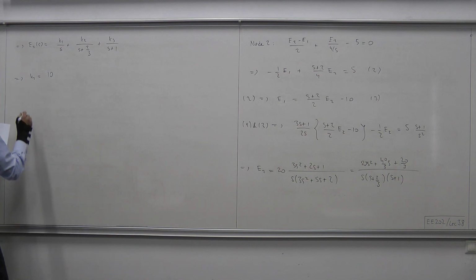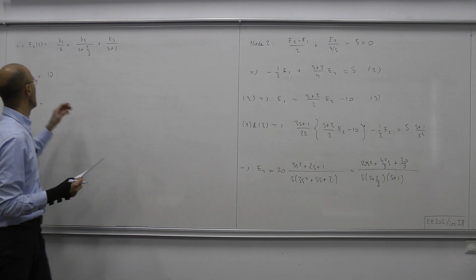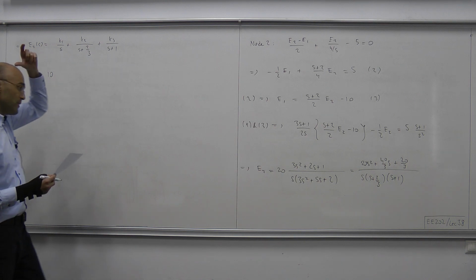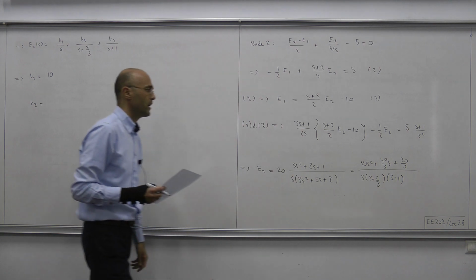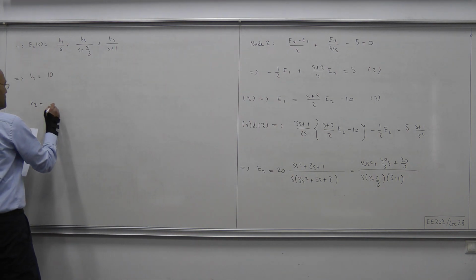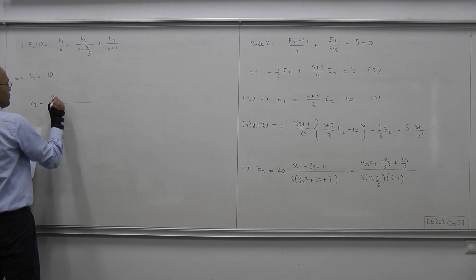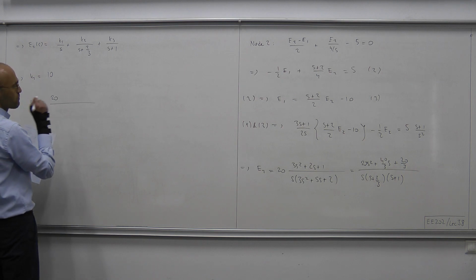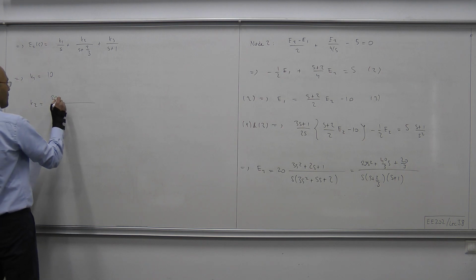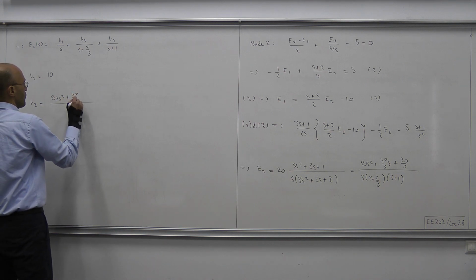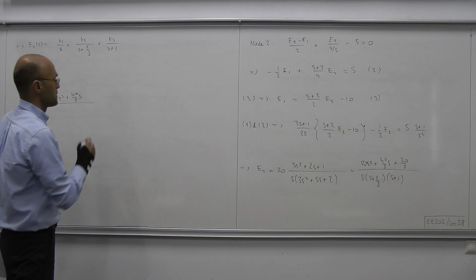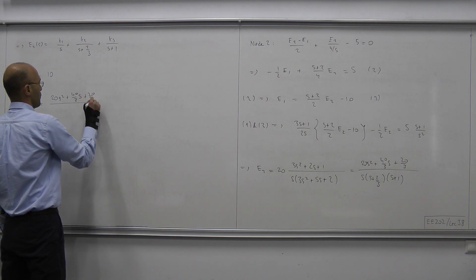Okay, and K2 equals, this time you multiply E2 of s by s plus 2 over 3, and if you do that, this is what you have: 20 s squared plus 40 over 3s plus 20 over 3.